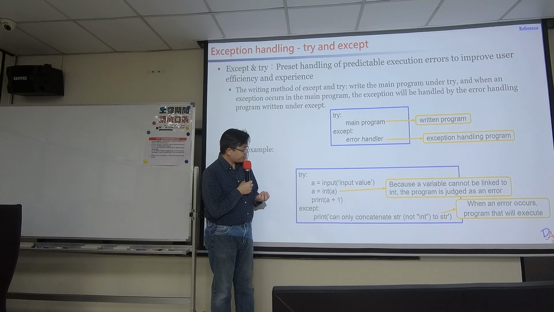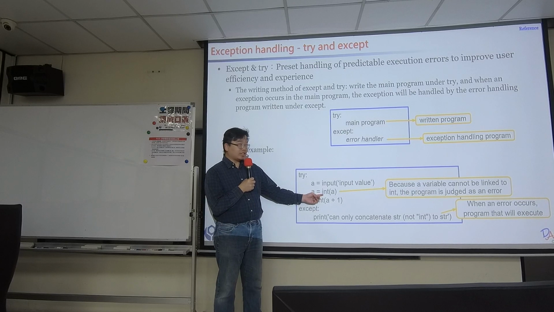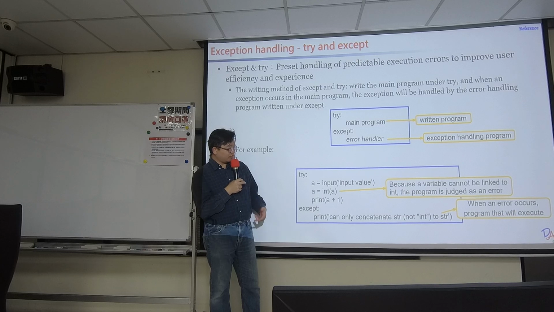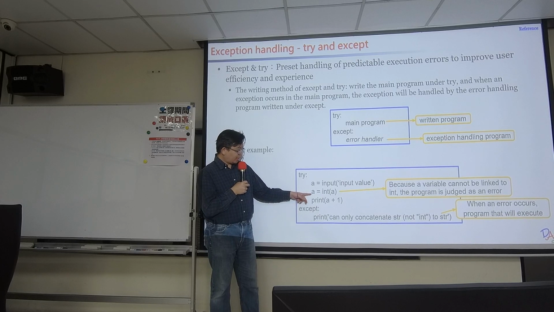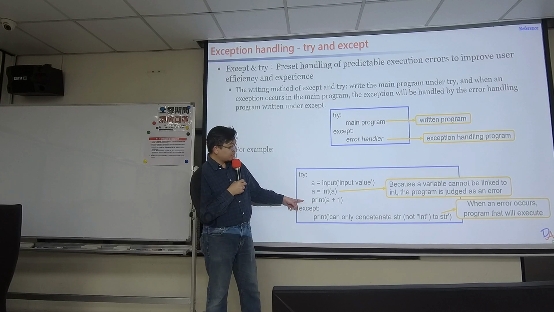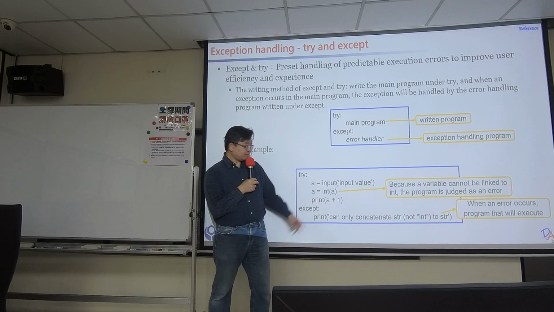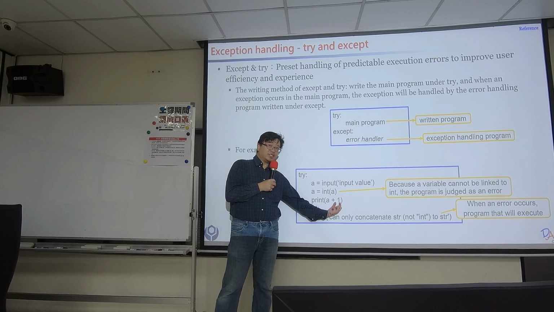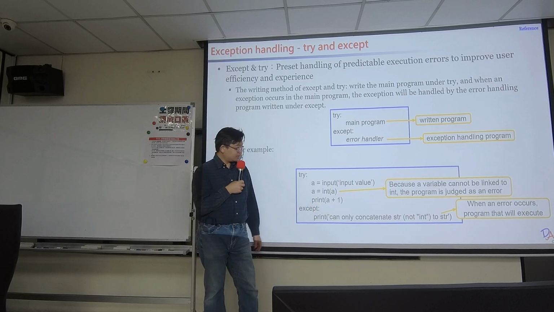So right here, you can use int to convert that to integer. And supposedly, you can print it. You can have this integer summing 1 and print out the result.